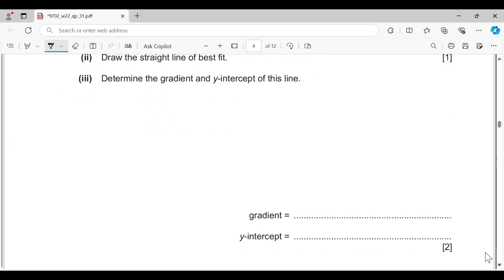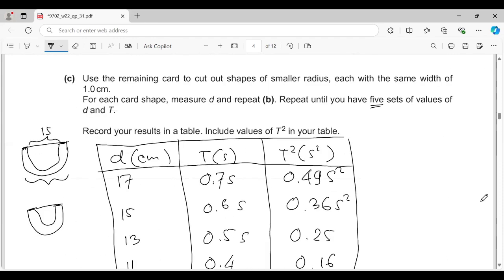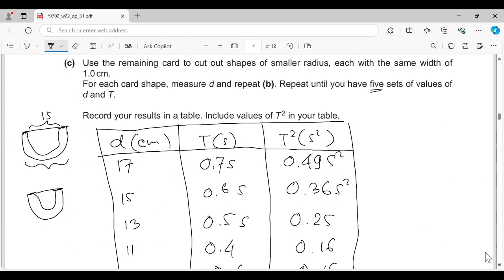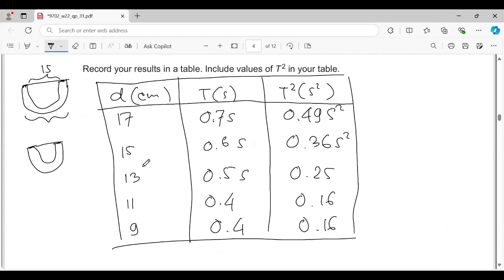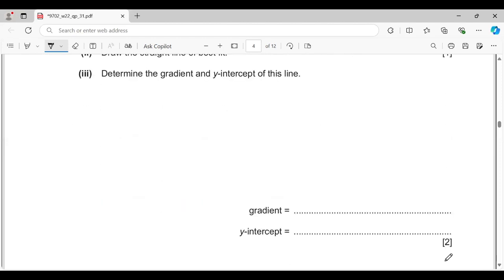Okay, I'm going to use this point: D equals 13, and T squared equals 0.25. Okay, D equals 13, and T squared equals 0.25.